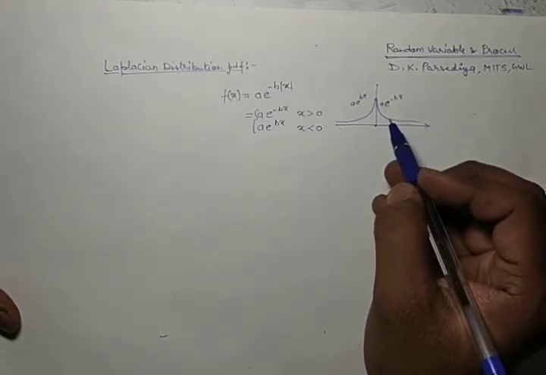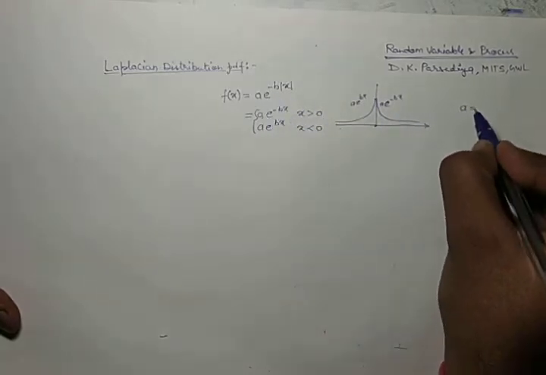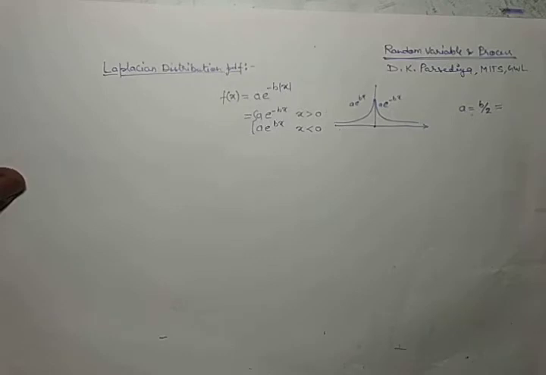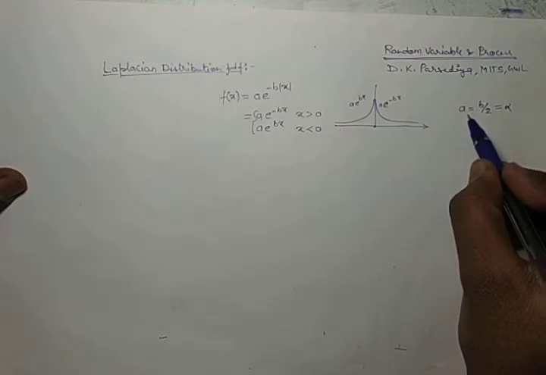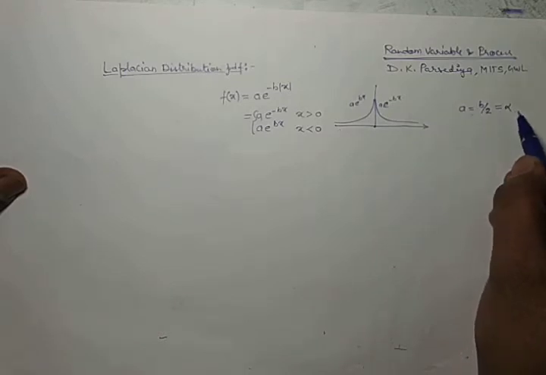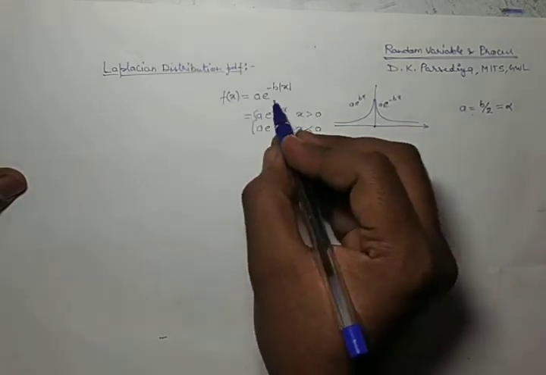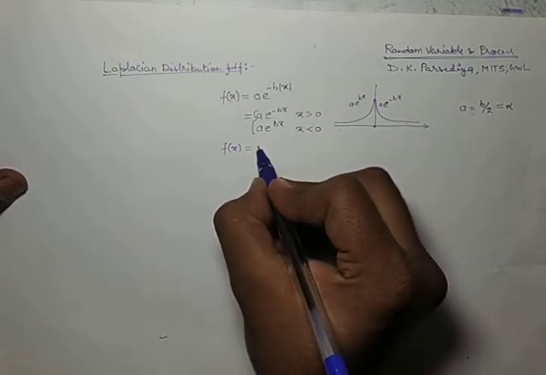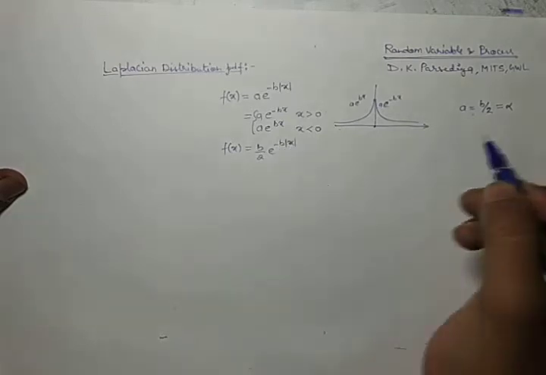So now for this function, the variables a and b have some relation: a is equal to b by 2. So if I assume a is equal to alpha, or b by 2 is equal to alpha, we may represent this function like f(x) = (b/2) e^(-b|x|).